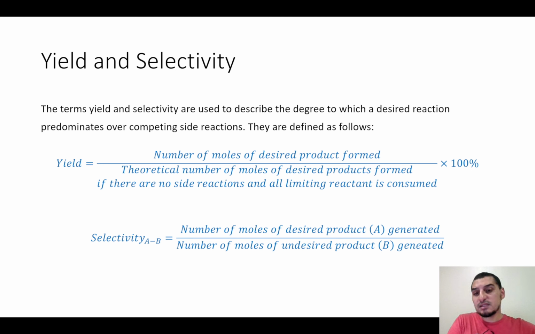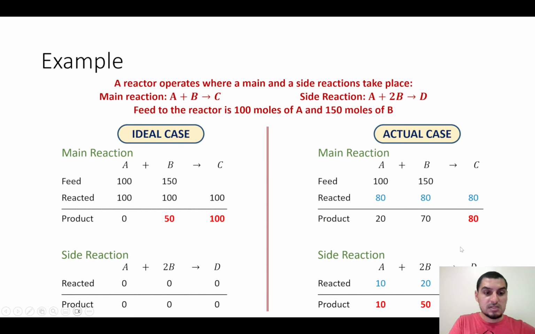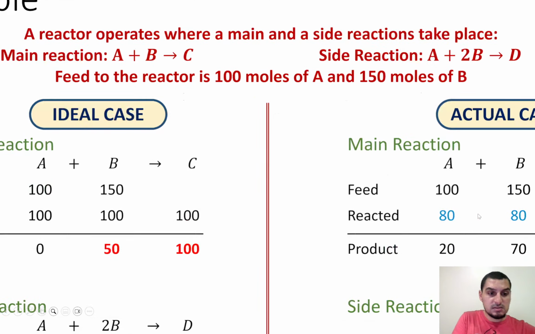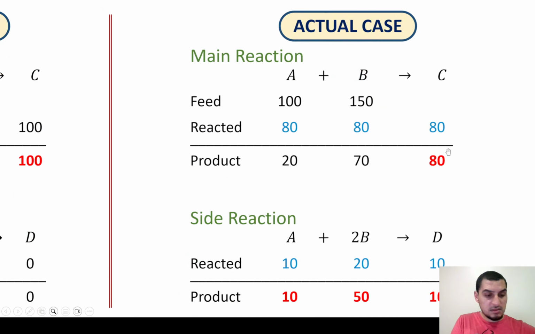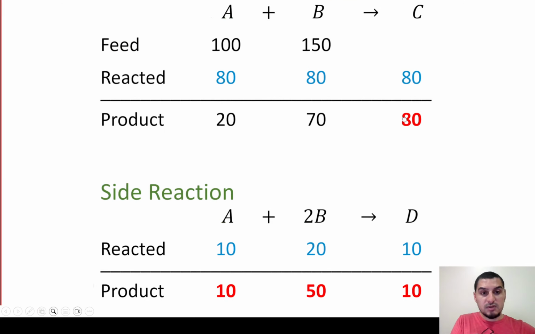Now the second parameter that we use to describe the deviation from the ideal case is called the selectivity, which is the number of moles of the desired product divided by the number of moles of the undesired product. So in the example that we just discussed, it's going to be 80 divided by 10.